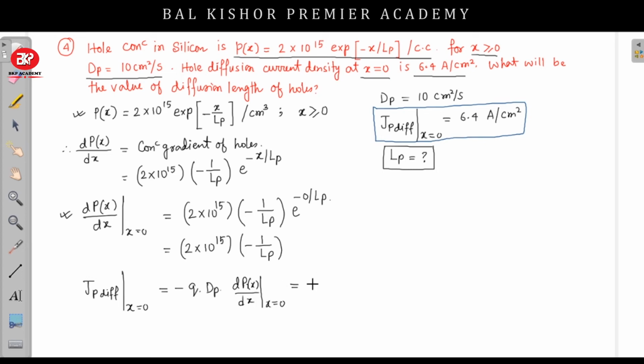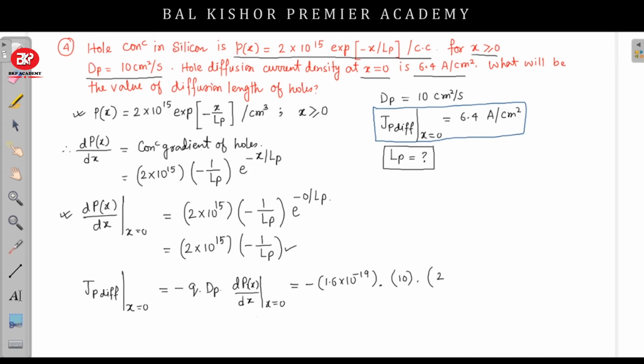If I put the value, then it will come out to be minus 1.6 into 10 to the power minus 19, the value of q. The value of Dp is given, that is 10, so here 10, and dp(x) by dx at x equals to 0 is given by this equation.